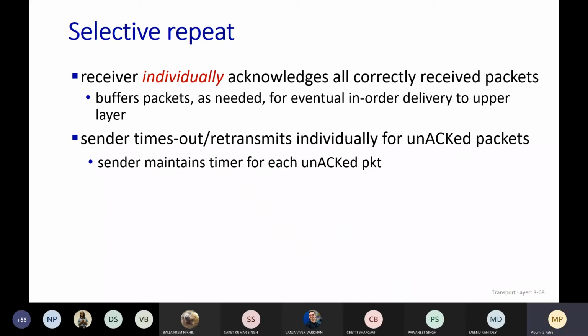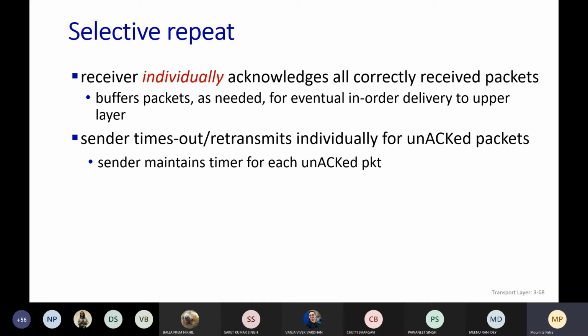Also, you can ask me the question: what would happen if the sender times out? What will the sender do? The sender will of course retransmit the unacknowledged packets, but it will only send that packet which was not acknowledged.